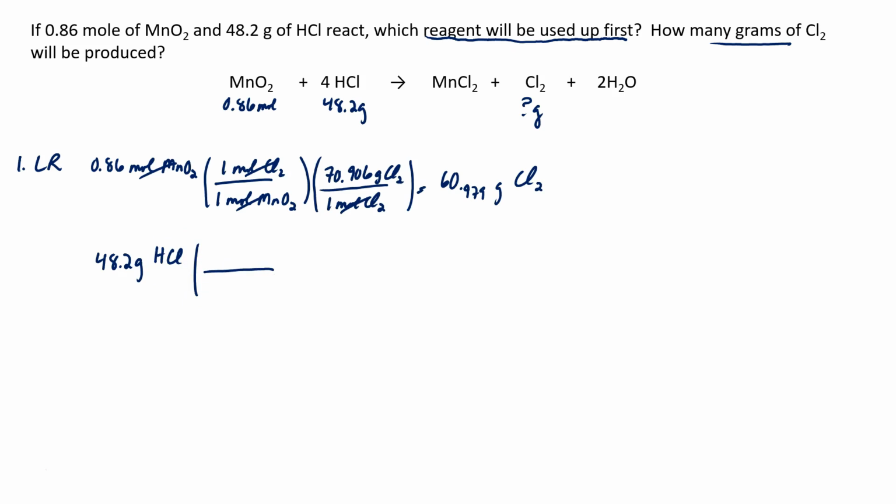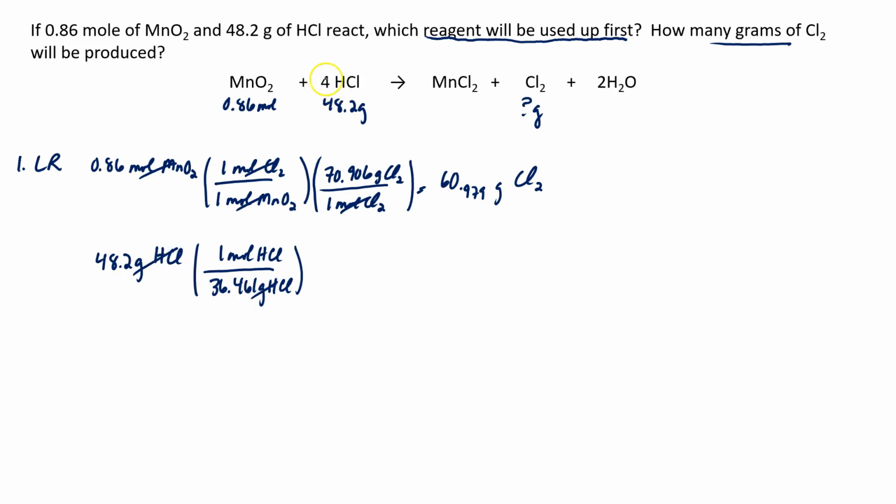So the molar mass of HCl is 36.461 grams of HCl in 1 mole of HCl. And now we go to our equation.